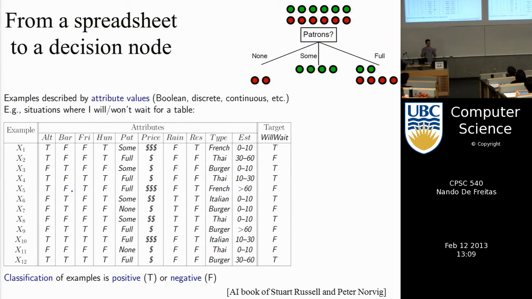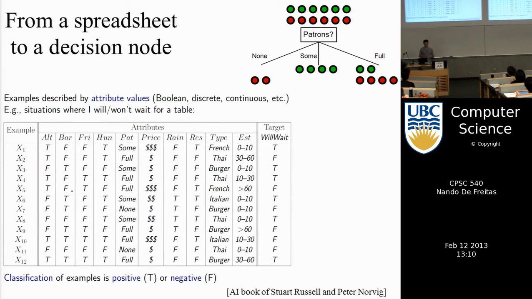Let's first look at our data set, which comes from the artificial intelligence book of Stuart Russell and Peter Norvig. This is probably the best book in AI out there. I strongly recommend it if you are interested in AI and even in machine learning.